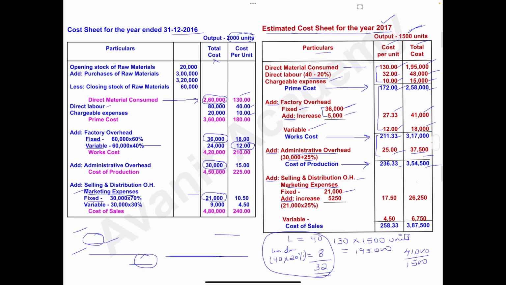So see the calculation. 21,000 into 25%, you will get 5,250. Add these two amounts. 21,000 plus 5,250, and the total is 26,250. Okay, this is a long calculation. Or directly you can do like this also. 21,000 plus 25%. You will get directly 26,250. Okay, this is a shortcut method.